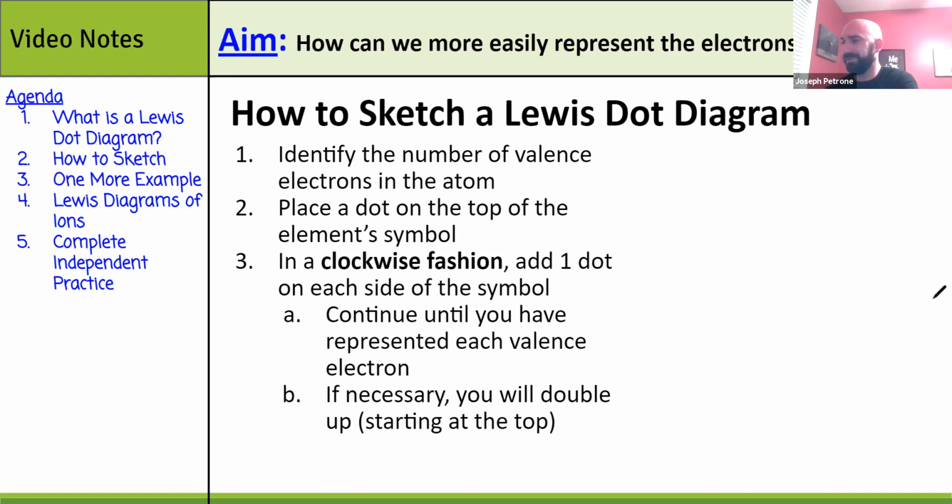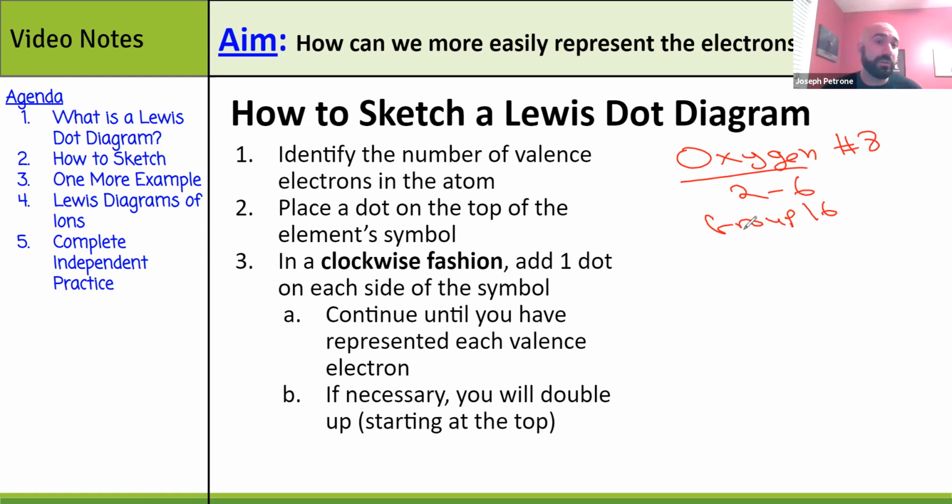Let's say we're going to make one of these diagrams for oxygen. If you go to the periodic table, oxygen is atomic number 8, and it has the electron configuration of 2-6. It is also in group 16. So that's another way to indicate that it's going to have 6 valence electrons.